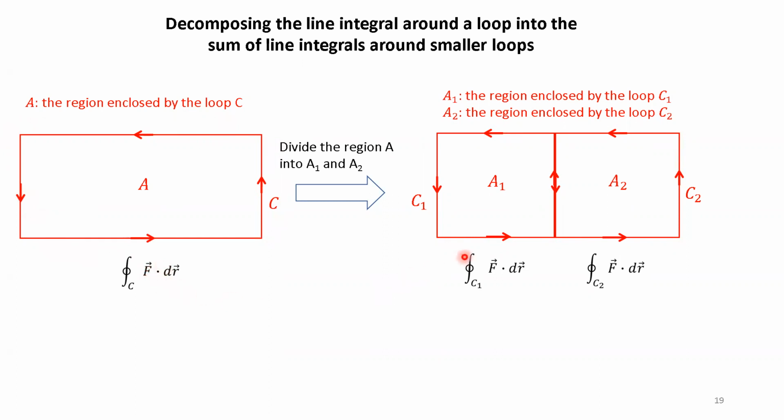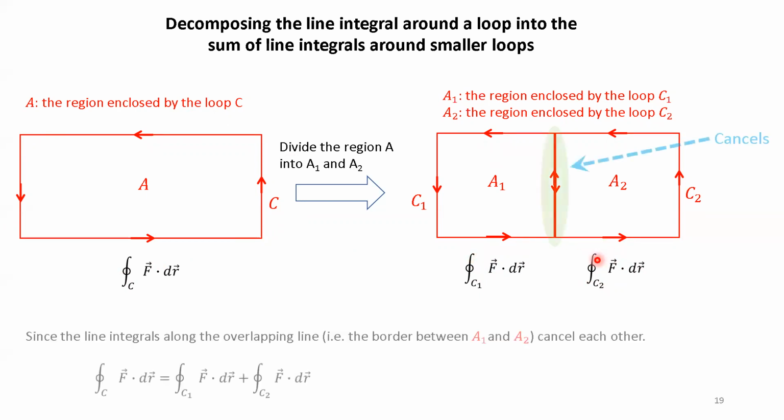Now if I do the line integral around this smaller loop C1, take the result and add it to the value of the line integral around the other loop, I'm going to argue that the value of the line integral over the entire big loop is the same as the sum of these 2 smaller line integrals.